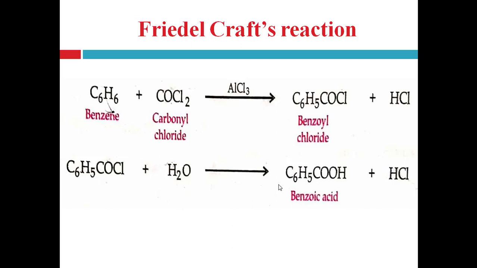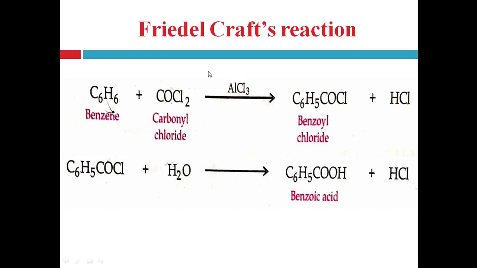Here AlCl3 is used as a catalyst, that is a Lewis acid, right? So see what the reaction is. Benzene, here C6H6, that is the benzene ring. You can also draw the benzene ring; here only the formula is written. You can draw the structure of benzene, that is the benzene ring.